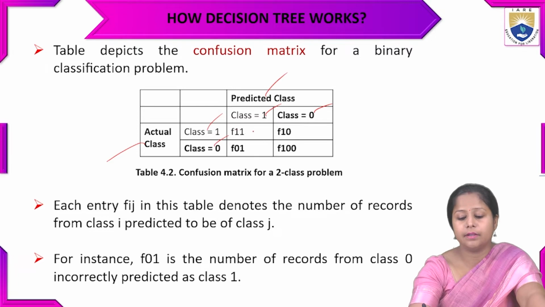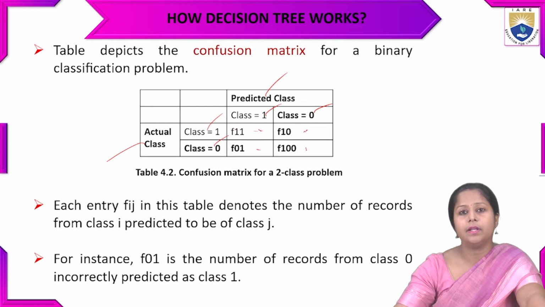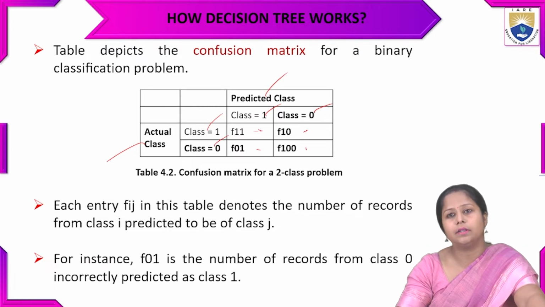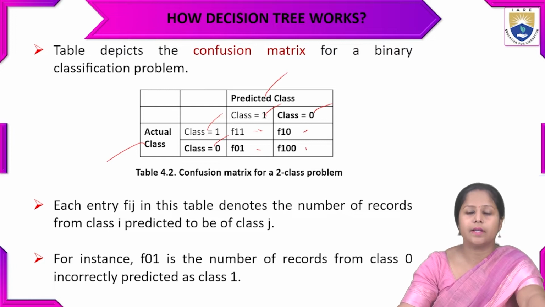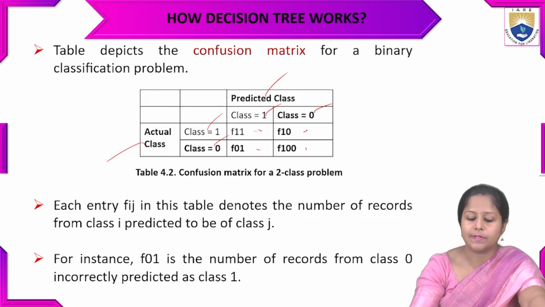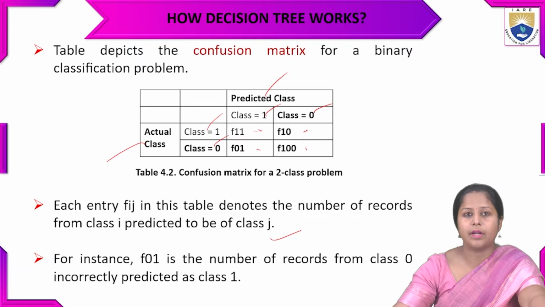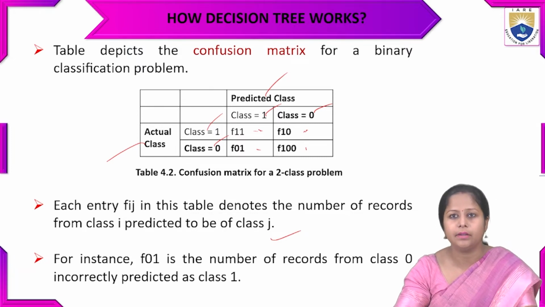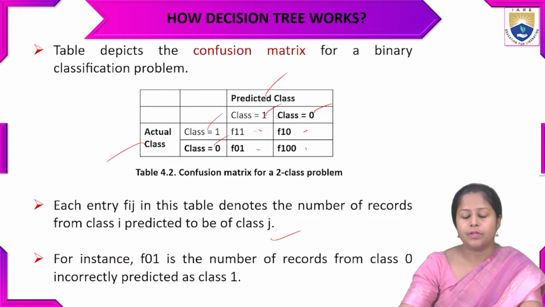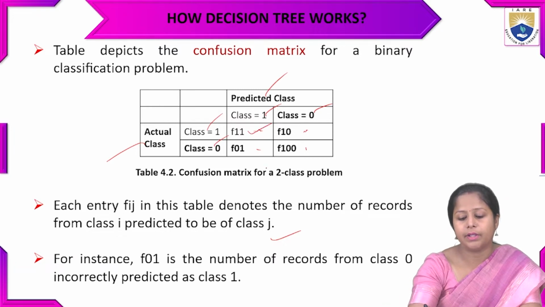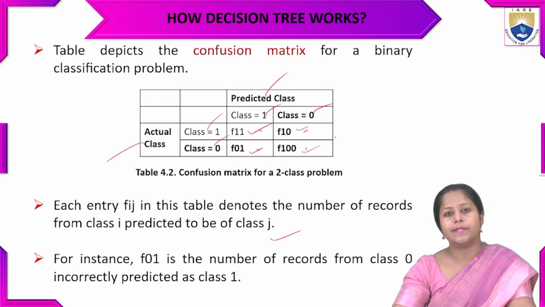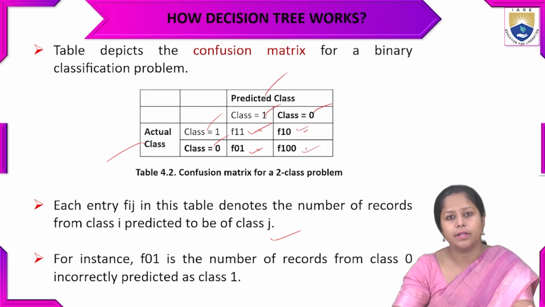Here the terms are based on what was classified by the model. So that is the confusion matrix for two class labels. If we have a problem of two classes, the same type of confusion matrix will be there: F11, F01, F10 and F00. We will see one by one what these terms are all about.